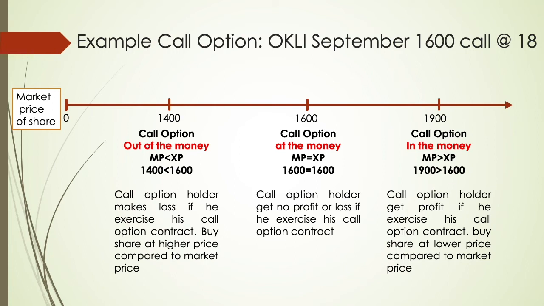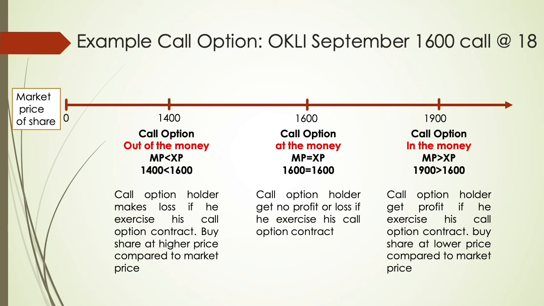Okay, so next, how about if the market price of the share moves to 1,900? If the market price of the share moves to 1,900, the call option with exercise price 1,600 is considered an in the money contract. In the money contract means the call option holder gets profit if he exercises his call option contract.